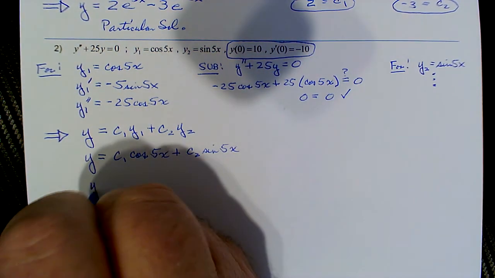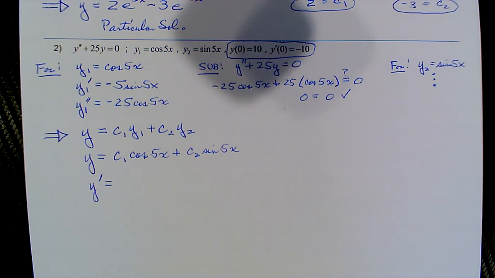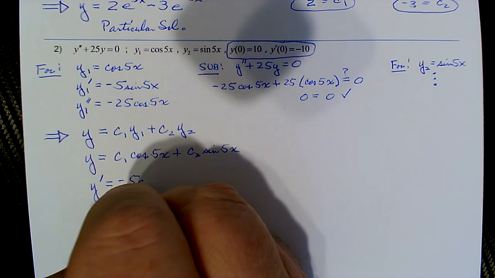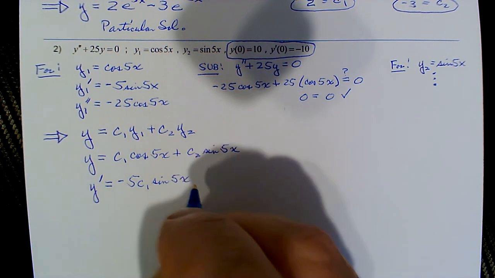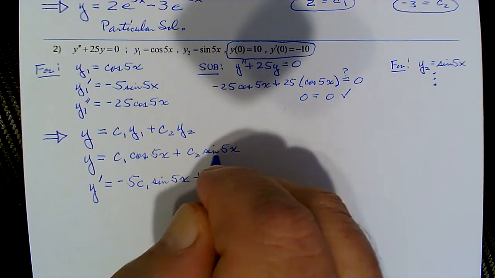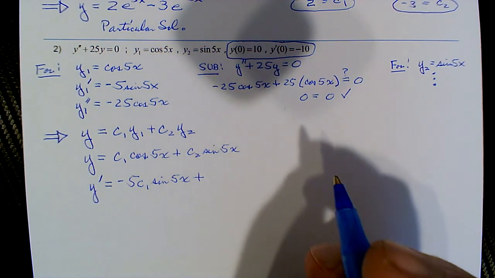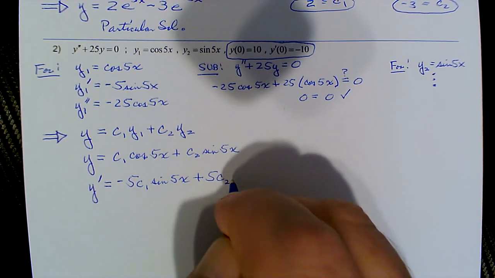So y prime, and derivative of cosine minus sine, same argument 5x, derivative of the argument 5, so we get minus 5 C1 sine of 5x, and then we have plus C2, derivative of sine, cosine, same argument 5x, derivative of the argument 5, so plus 5 C2 cosine of 5x.